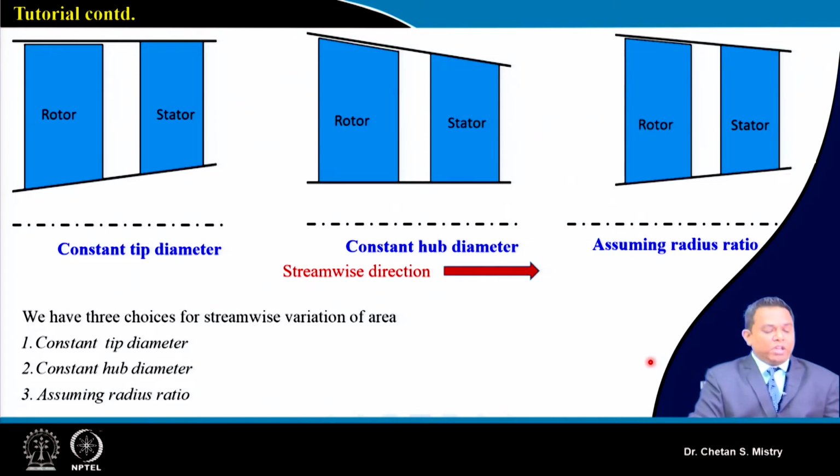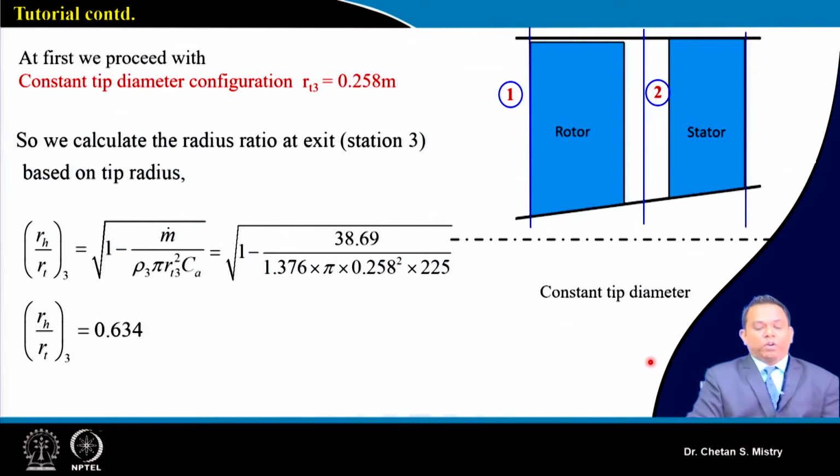Now in this case, we will go with a constant tip diameter configuration, so do not get confused at this moment. We will discuss the same design with two different approaches: with a constant tip diameter configuration, and also with a constant hub diameter configuration.